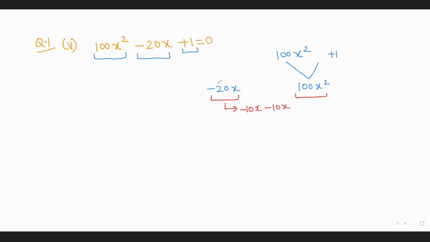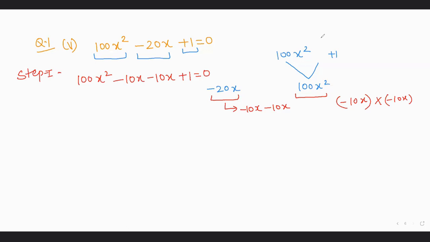So you can see the factors of minus 20x are minus 10x and minus 10x, and their product will be 100x square, that is minus 10x into minus 10x. So in step number 1, we have the factorization of the middle term. That is, we can have 100x square minus 10x minus 10x plus 1 equal to 0.